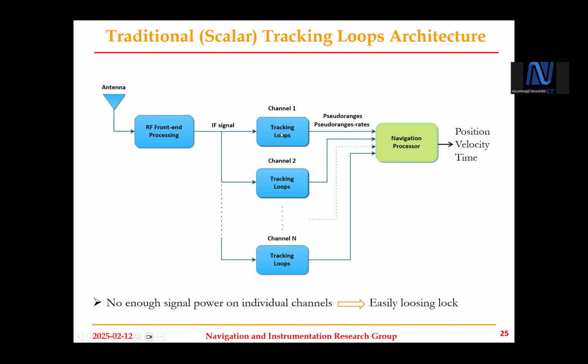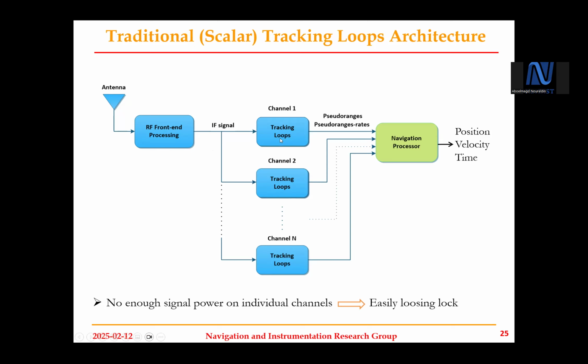We assume that channel is useless, and we cannot improve the signal quality due to some circumstances or error sources. So in the traditional scalar tracking architecture, we can easily lose lock to the satellite signal.